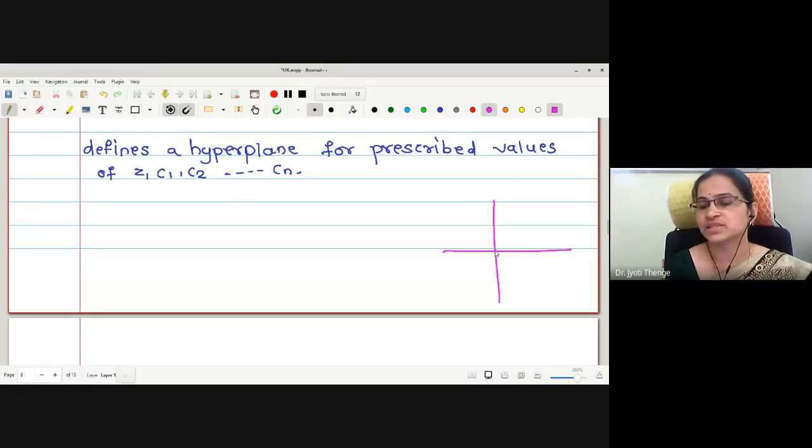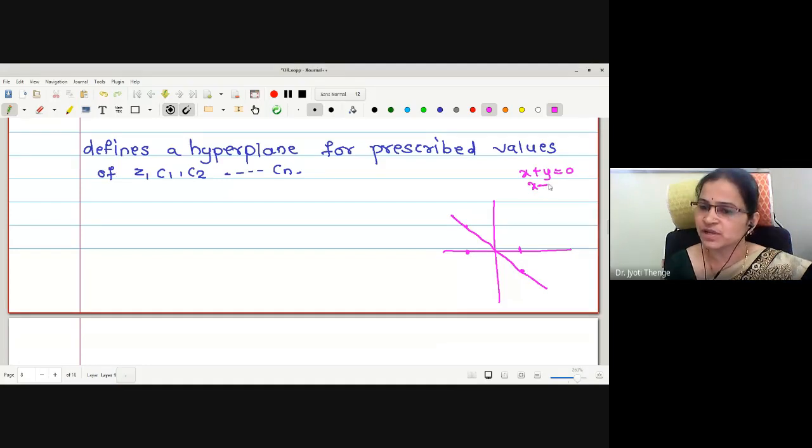For x plus 1, y is minus 1. For x minus 1, y is plus 1. Therefore, what kind of line is it? A straight line passing through these points.